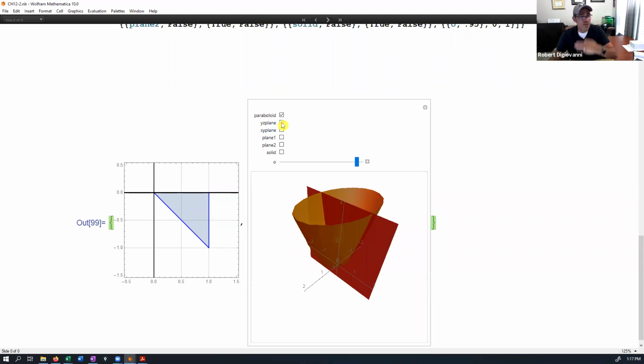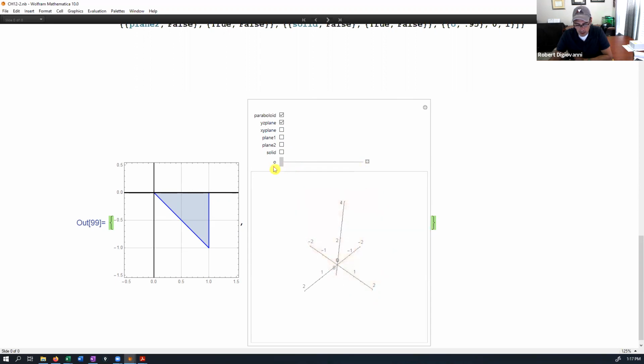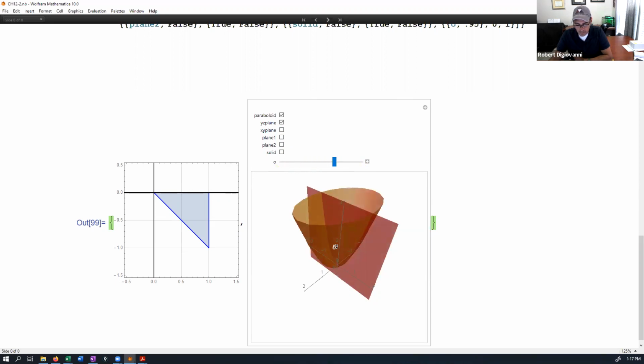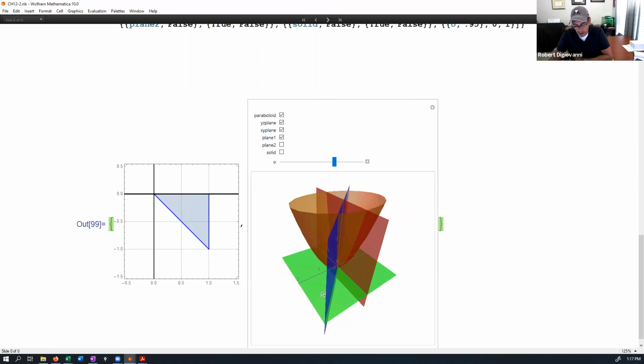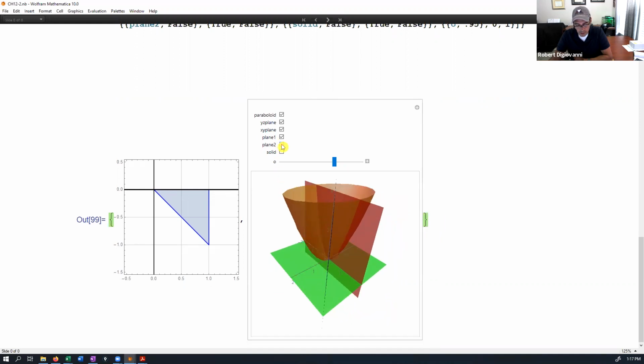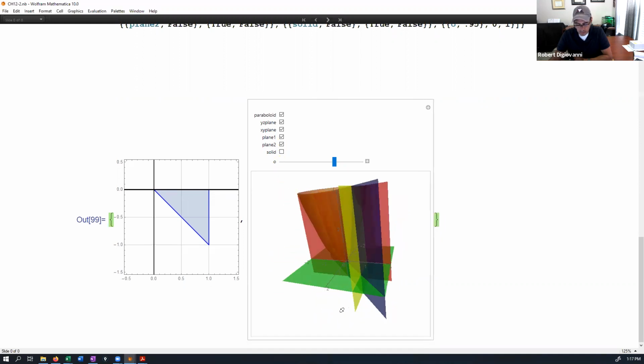Remember, x equals 0 was one of our boundaries, and that's a plane. Oh no, they have to both be there, sorry. So there's the x equals 0. Here's the ground, z equals 0. Here's y equals x, that diagonal one. And then we have the next one, which was y equals 1.